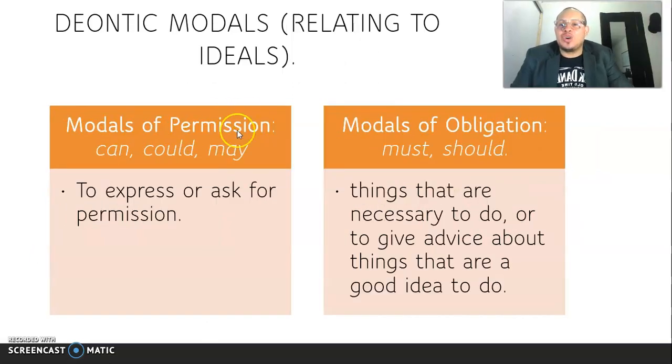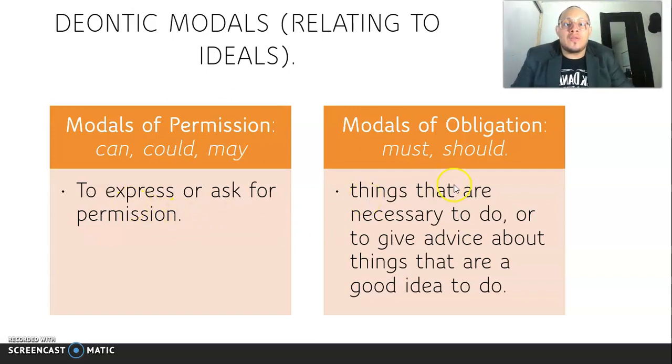Okay, so the deontic modals are related to ideals. You can use modals of permission to express or ask for permission. Can I go out today? Can I drink a pop? Or can I purchase a 2020 Lamborghini Diablo? This is a kind of permission that you may ask.